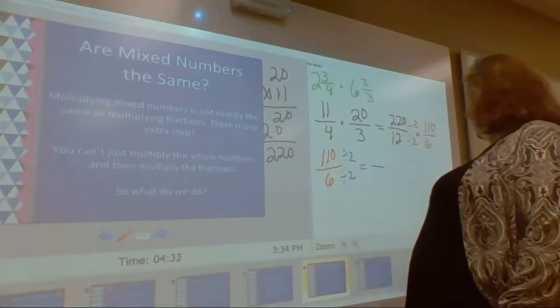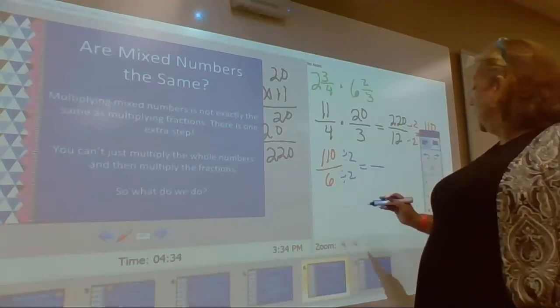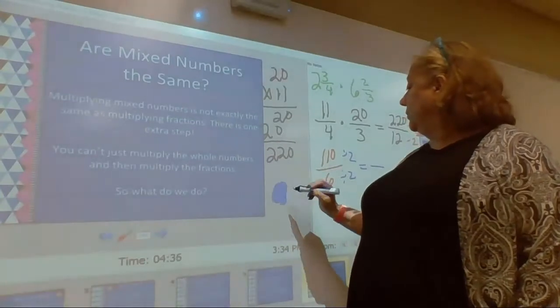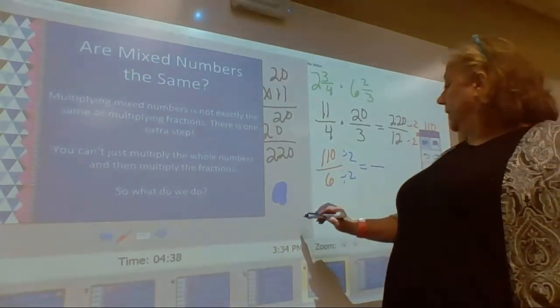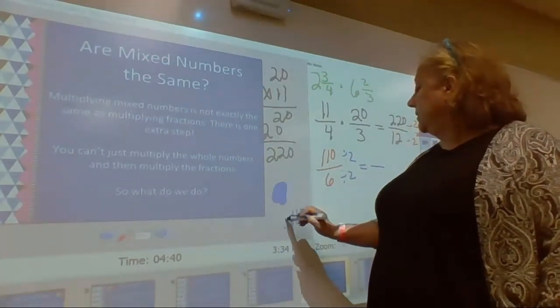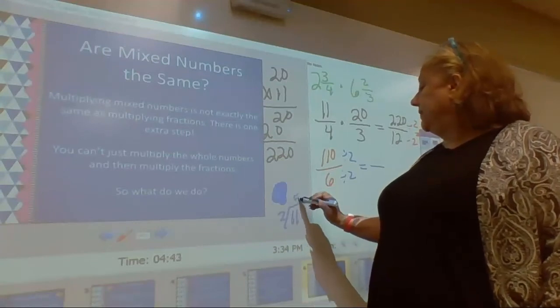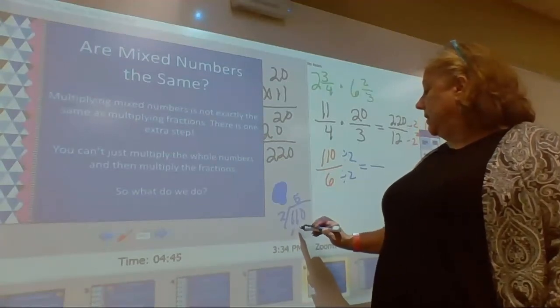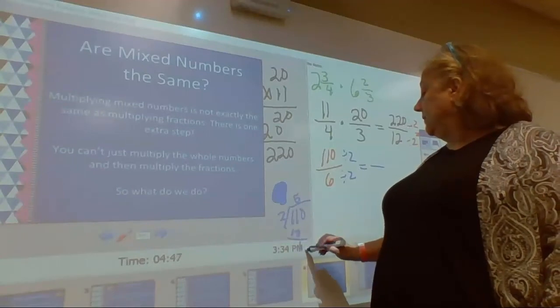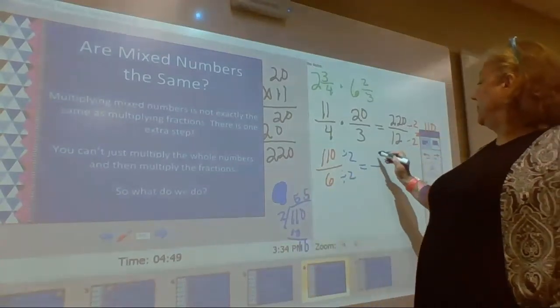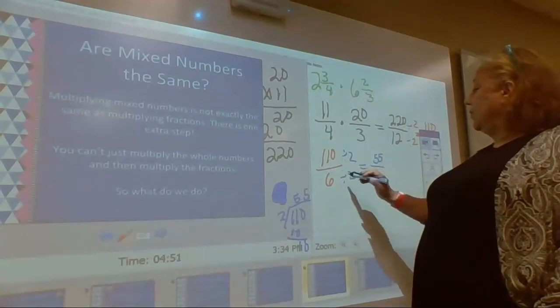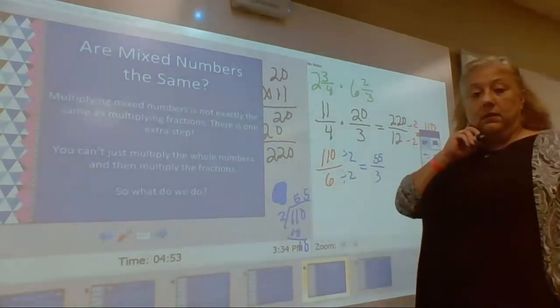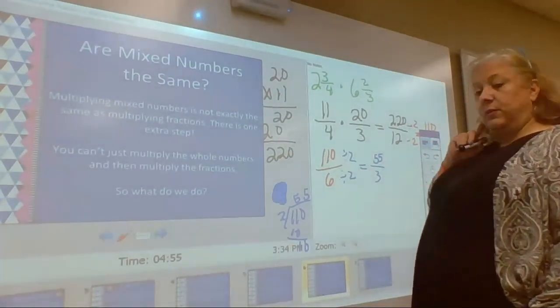I apologize here. I would say 110 divided by 2 would be 55. So our answer here would be 55 over 3. Well, I think this might be as far as it will go.